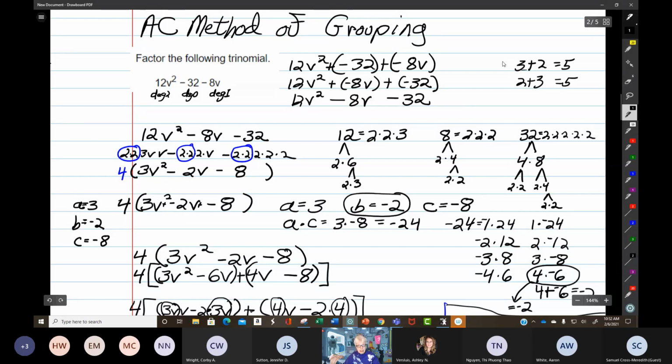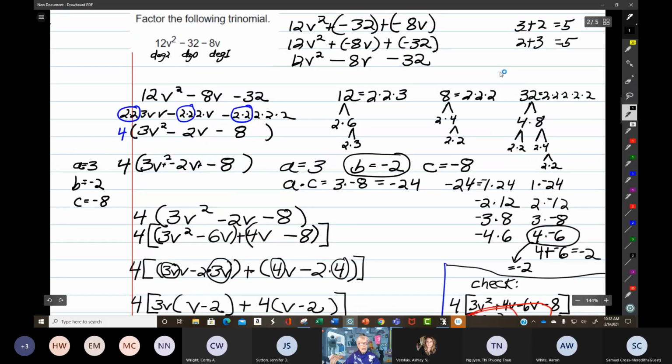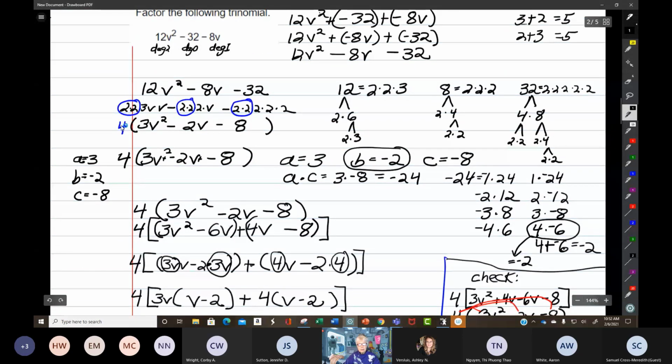That, ladies and gentlemen, is factoring this quadratic trinomial by the AC method. But first you had to pull out a GCF. Notice that. Always pull out your GCF first. We had a 4 GCF.